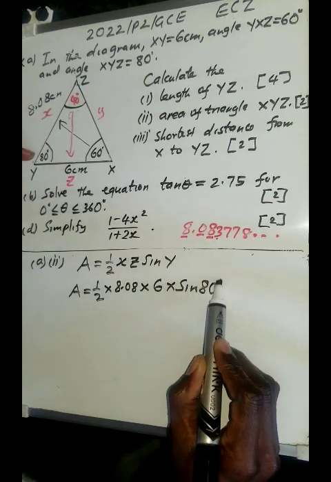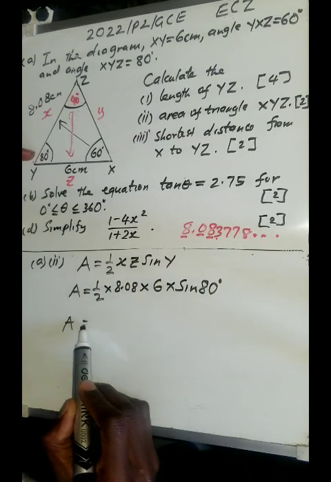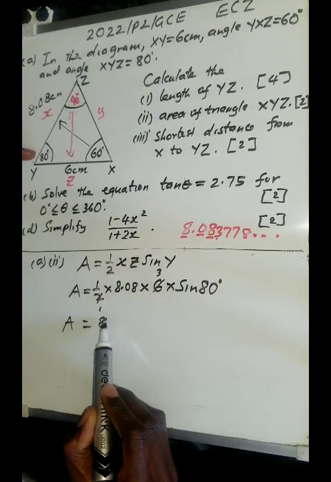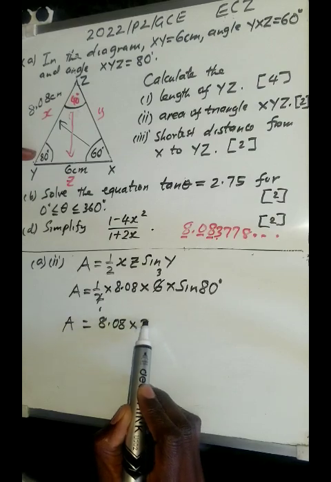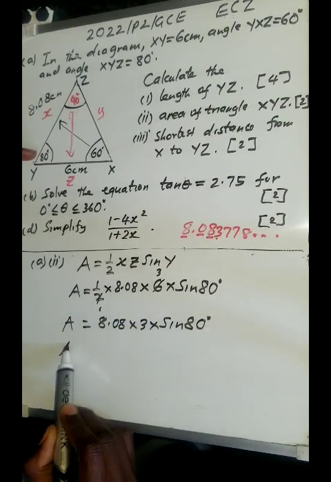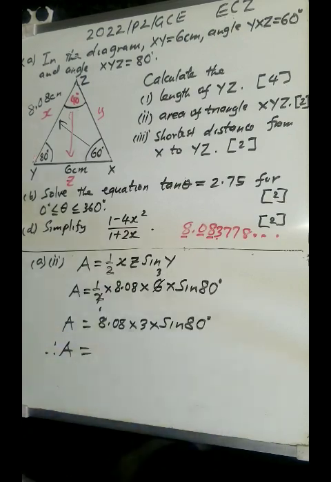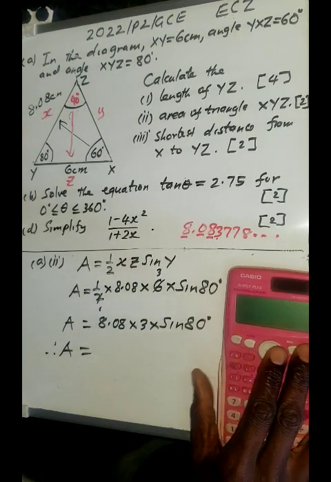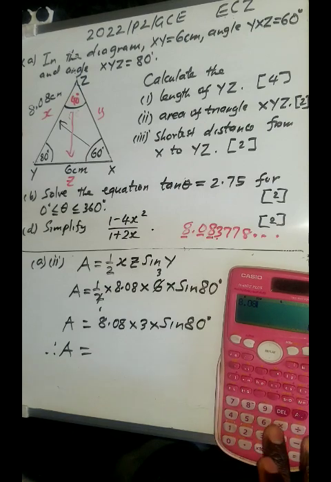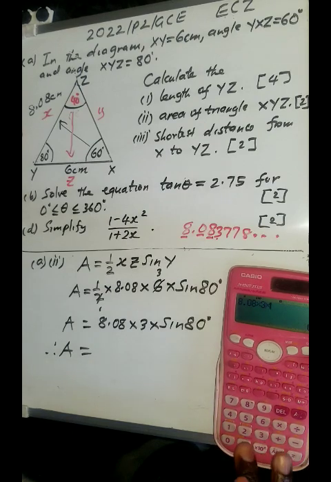That is 80 degrees. So the area will be equal to half of 6, which is 3. So I'll remain with 8.08 times 3 multiplied by sine 80 degrees. Then you can now use your calculator and punch them in. 8.08 multiplied by 3 multiplied by sine 80.